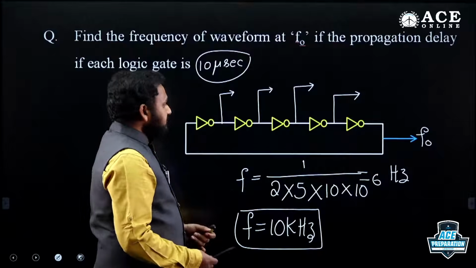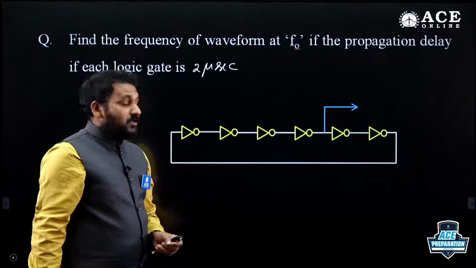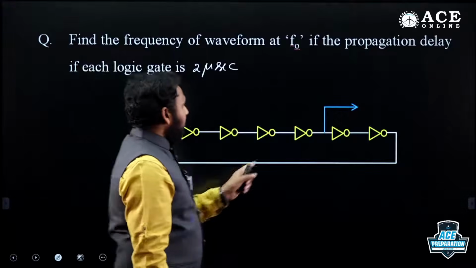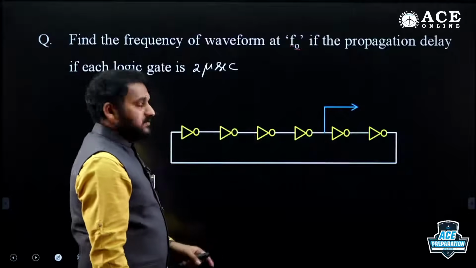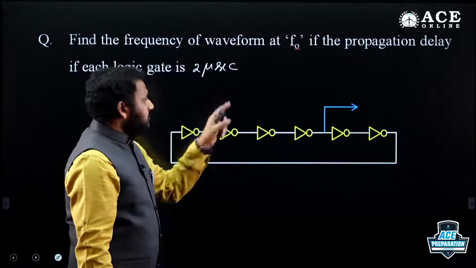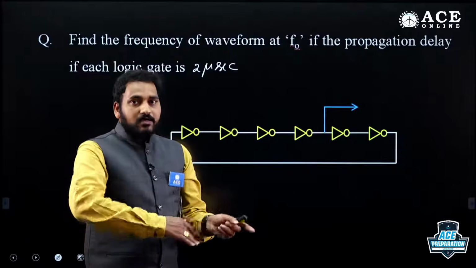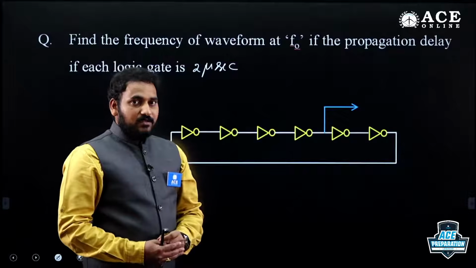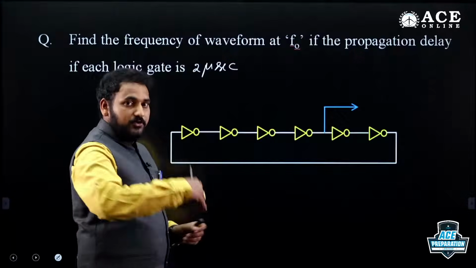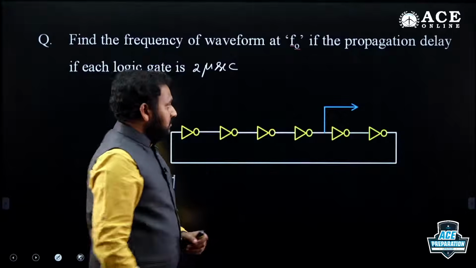So generally students will try this: okay sir, then F is equal to 1 by 2 into n into TPD, n is equal to 6, and you will get some numerical. You test yourself. If you are live, try to solve it as fast as possible, or after uploading the video, pause the video, do it, and verify your answer.